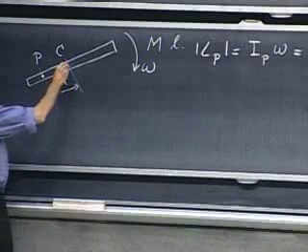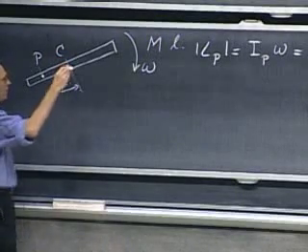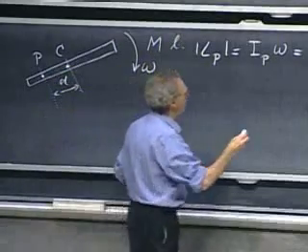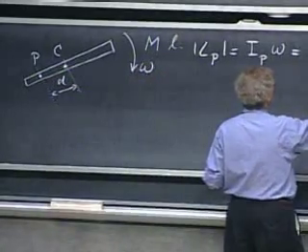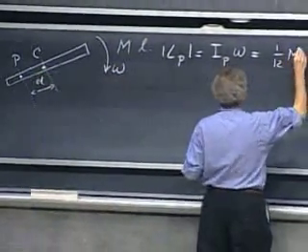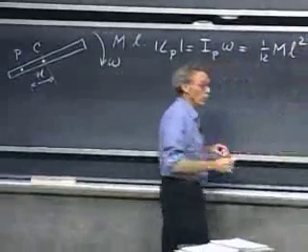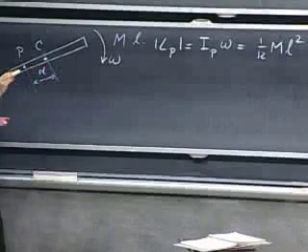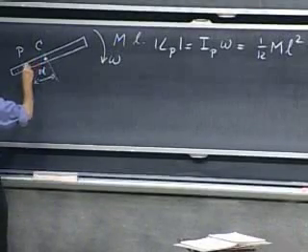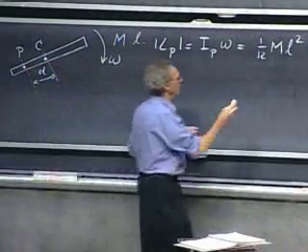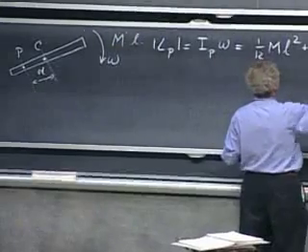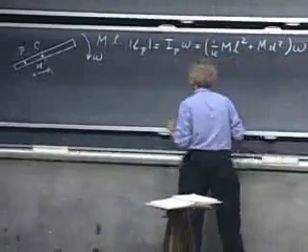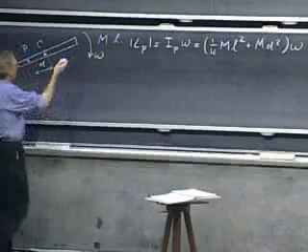I know that the moment of inertia for rotation about the center of mass through this axis perpendicular to the blackboard equals 1/12 m L squared. Well, I just looked that up in a table because I don't remember that. So that would be the moment of inertia about this axis, and then the parallel axis theorem tells me I have to add plus m d squared, times omega.